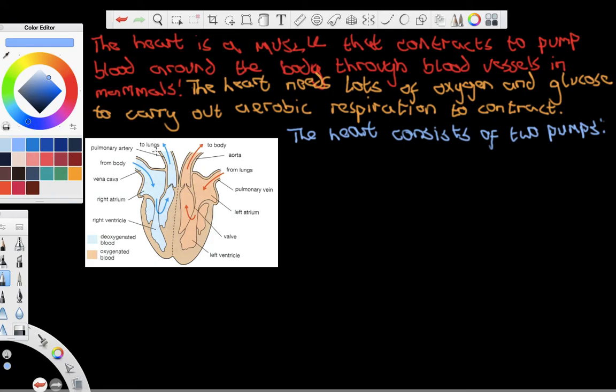We've got the right side of the heart, which is shown here, and we've got the left side of the heart, which is shown here. The right side of the heart pumps blood to the lungs, whereas the left side of the heart pumps blood to the body.